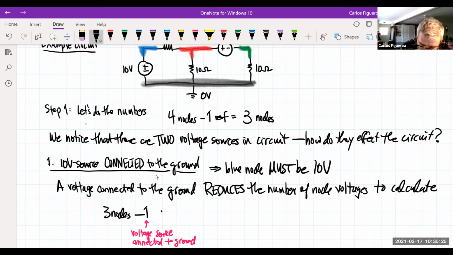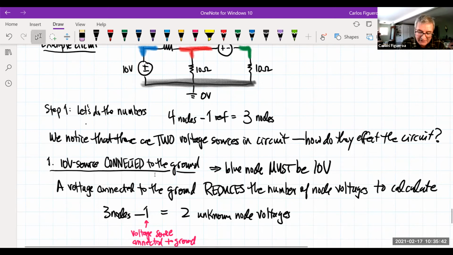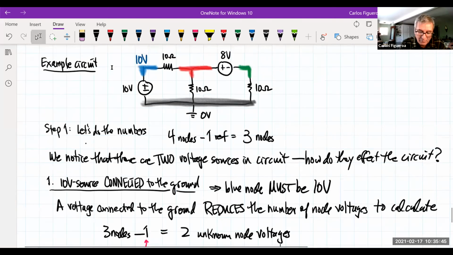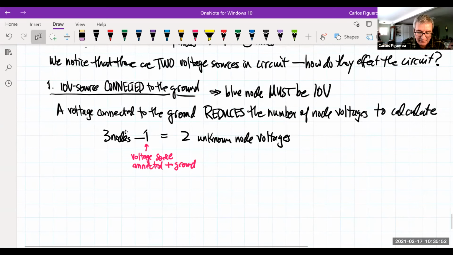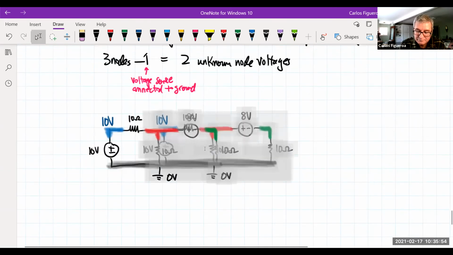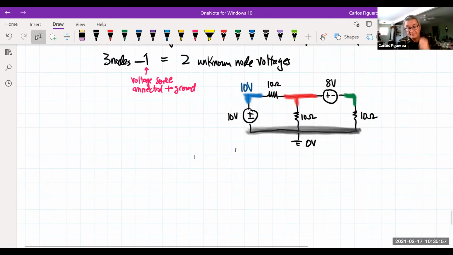So we now really only have 2 unknown node voltages. That's what that 10-volt source actually did here. But you know what? I'm going to come and steal this guy and paste it right here. Right? That's what that guy is actually doing to us.